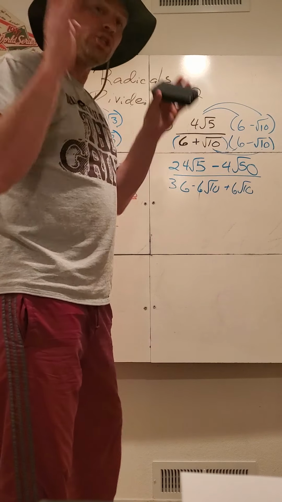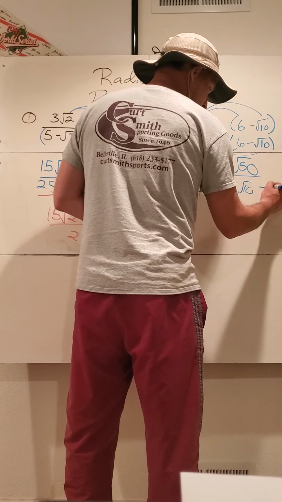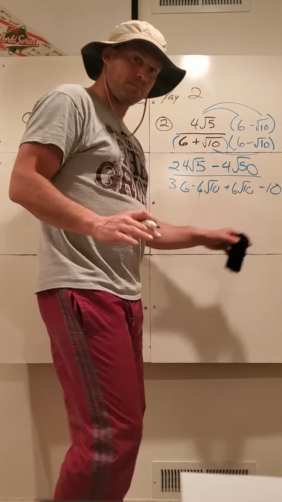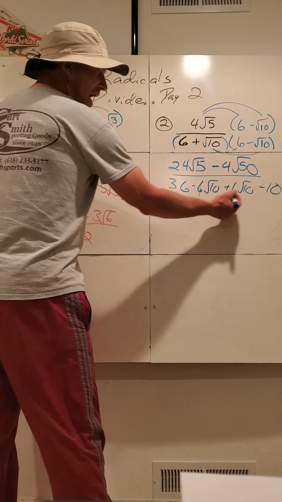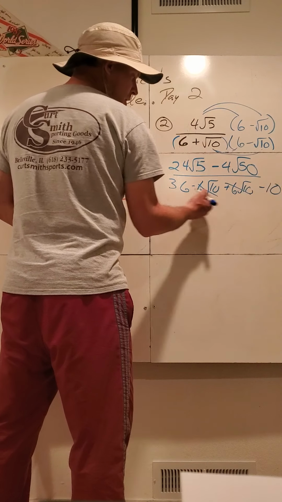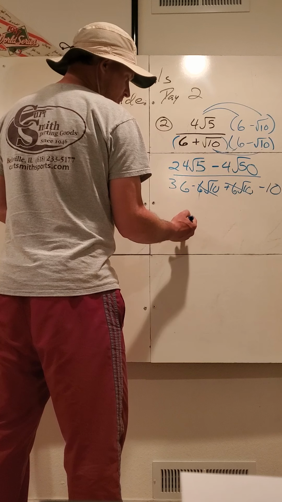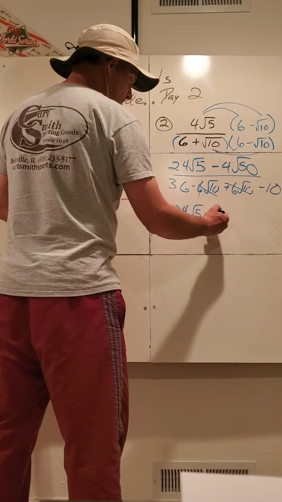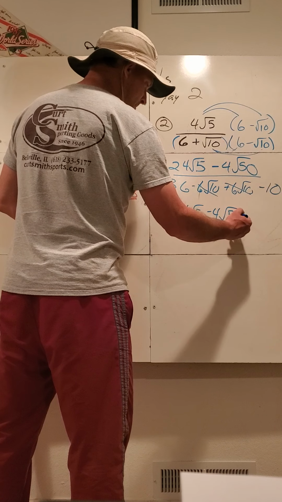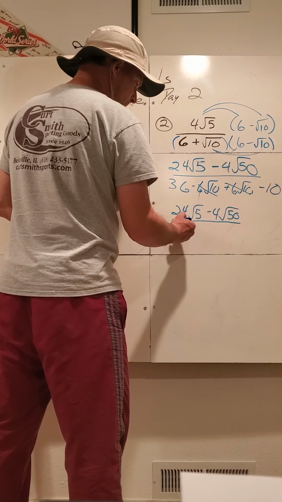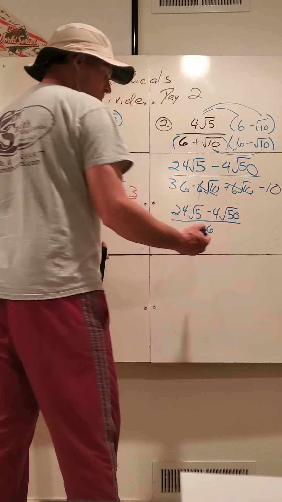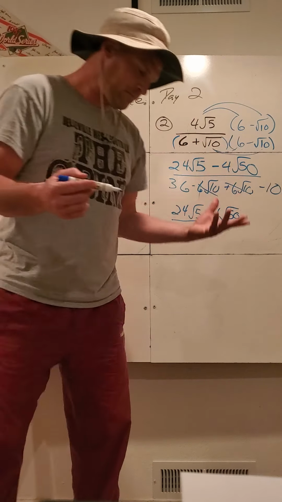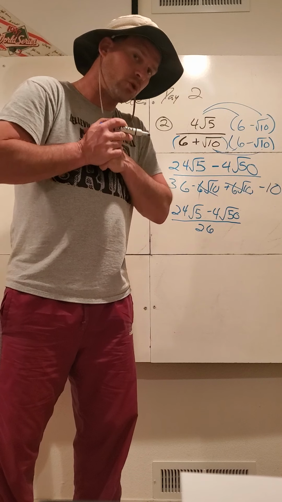Not square root, just 10. There should be no radicals in that last term. So here we go. I've got zero pairs here. 36 minus 10 is 24. So we've got 26.